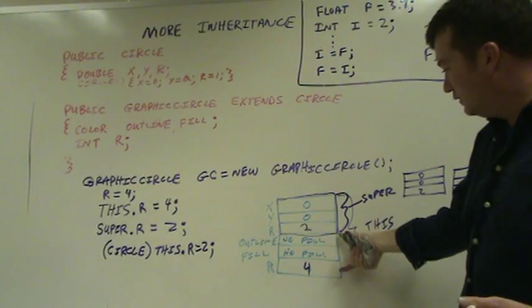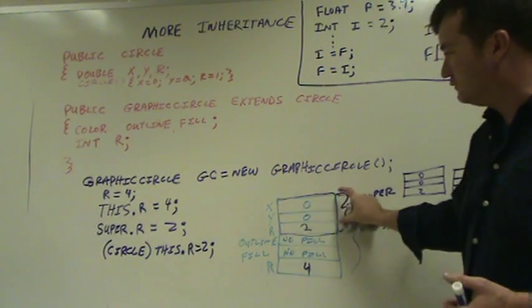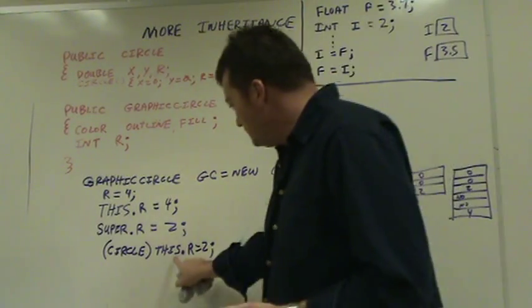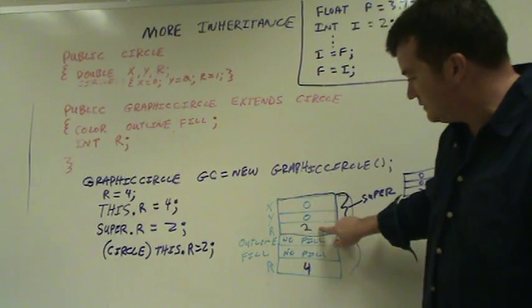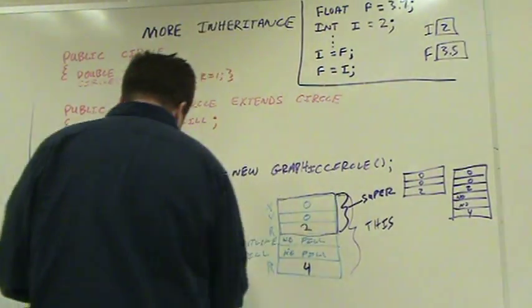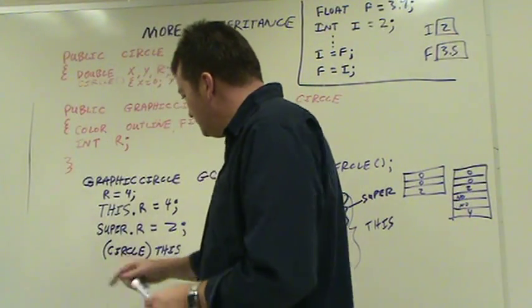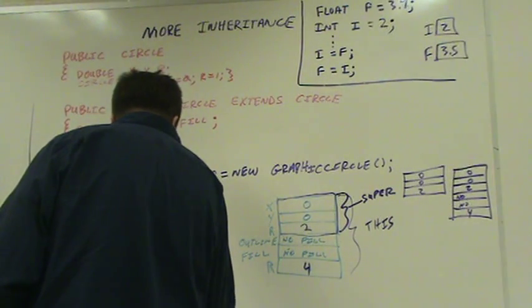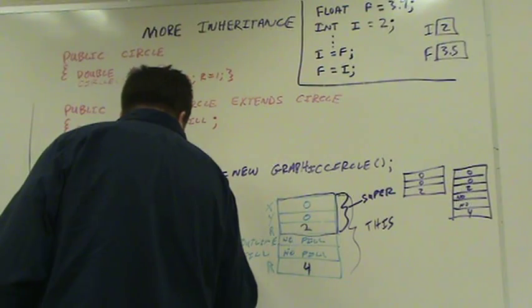I just want to be a little careful about using this intuition here. We're not actually losing anything by changing its type. We're just changing what fields we can refer to. So when we change the type to circle, we can only refer to x, y, and the radius r. We couldn't refer to these. So we couldn't do this. This would be a compiler error if we said, take this, convert its type to circle, and then fill equals red.